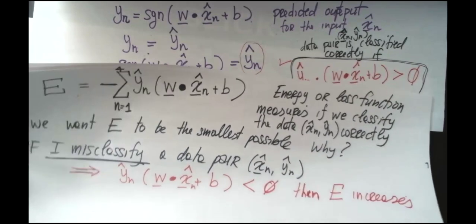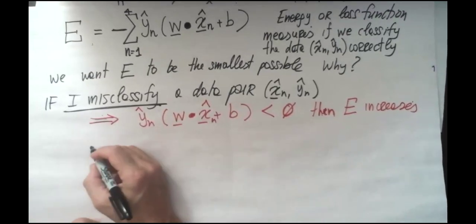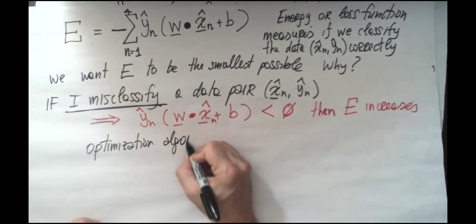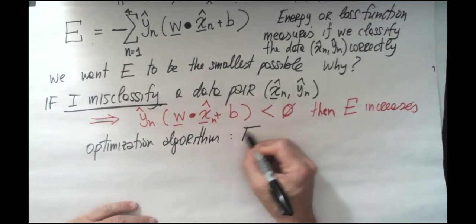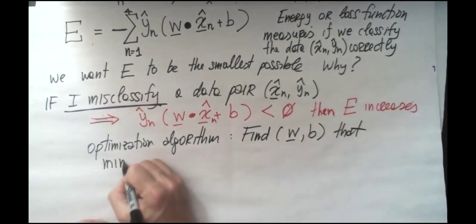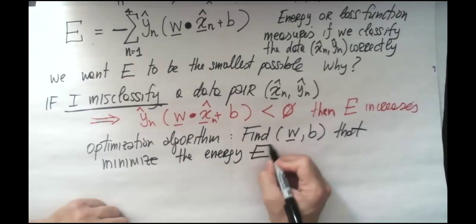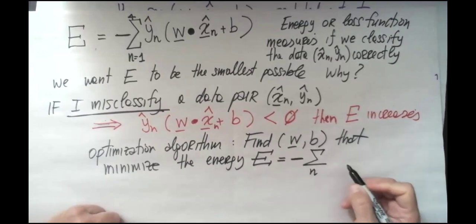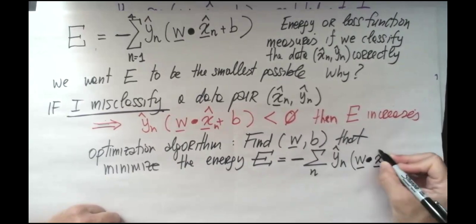And so you see that now we can design an optimization algorithm such that it's going to help us to find W and b that minimize the energy E, which is given by minus the sum over all data points of the label multiplied by this argument here.